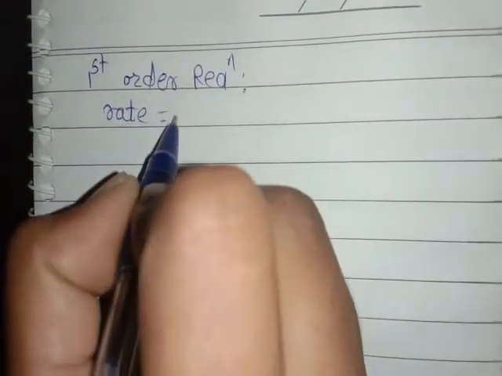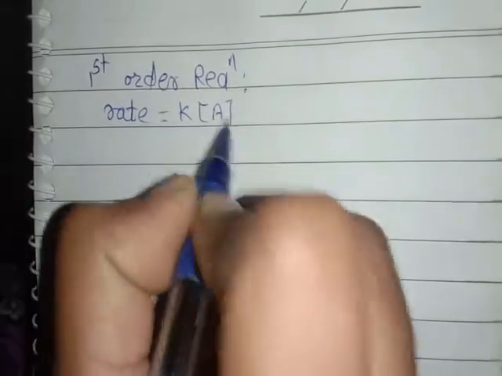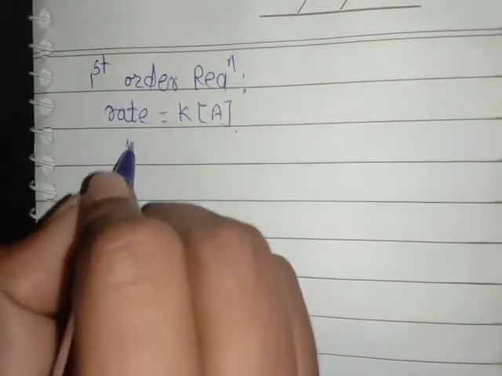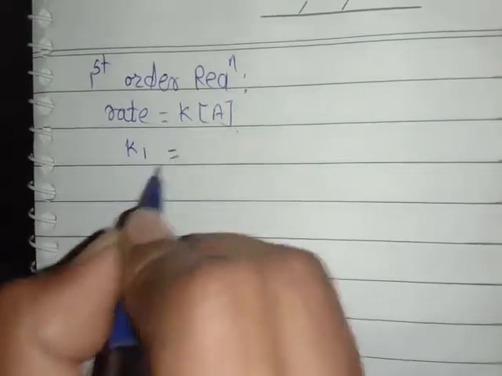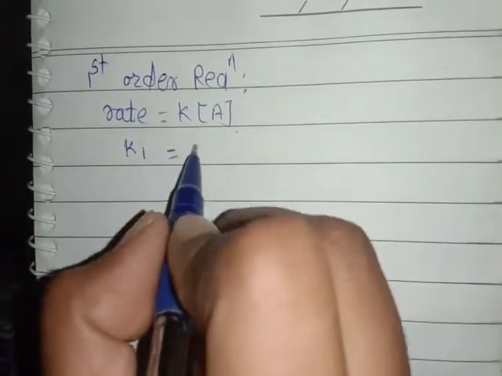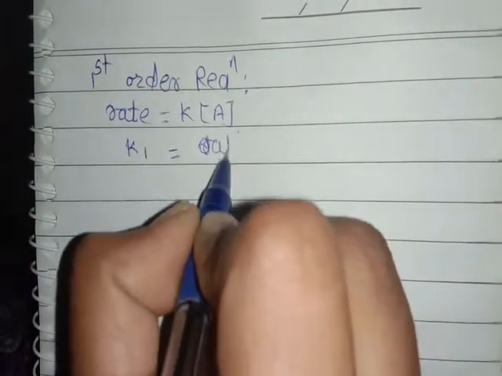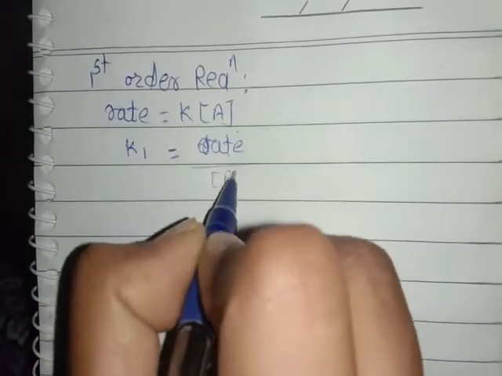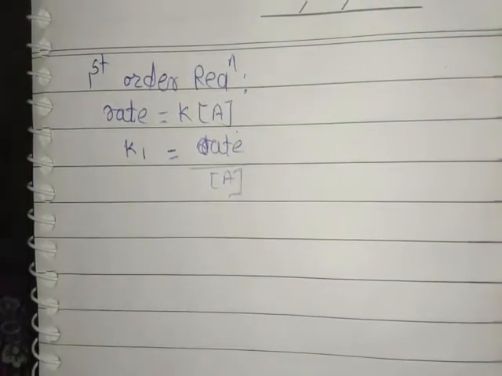In the same way we continue for the first order reaction. Therefore we can write here again, rate is equal to what? K into concentration of A. Now here K1, we purposely denote K1 is equal to what? Rate upon concentration of A, right?